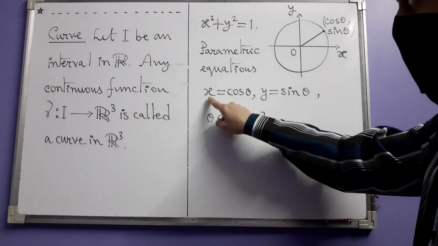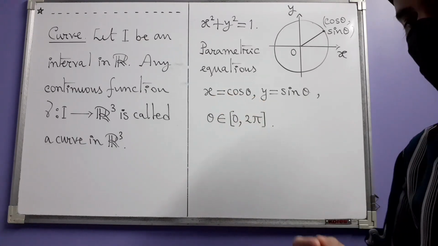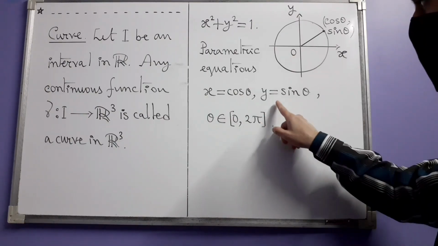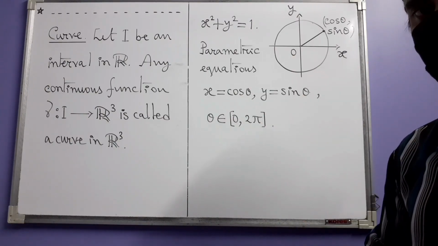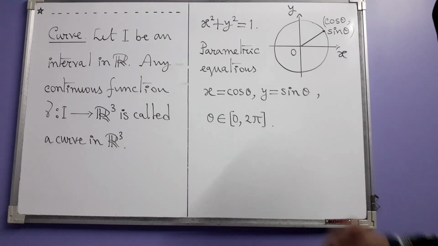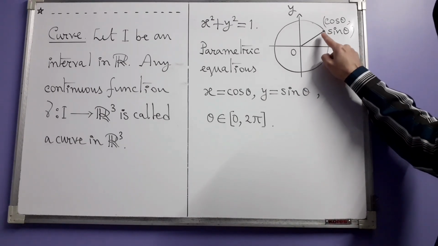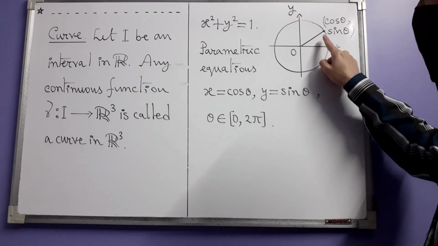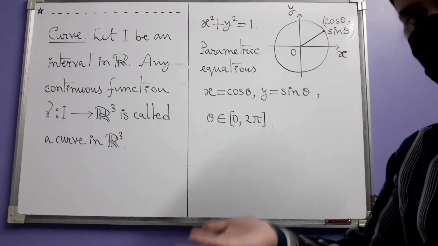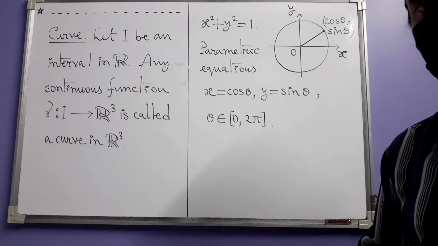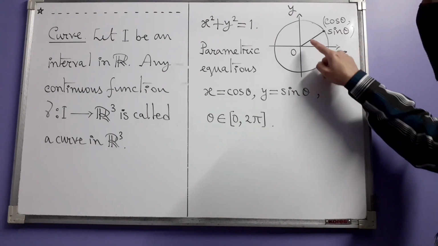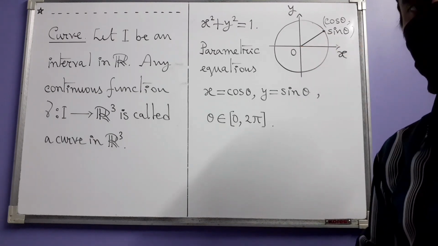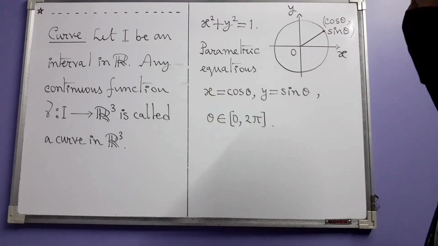You can also consider x as this function of some variable theta, cos theta, and y as sin theta, where you also know what theta is. If you think of any point on the circle, then its coordinates are really cos theta and sin theta for some theta. And that theta is the angle made by this line with the positive x-axis, the smallest angle.